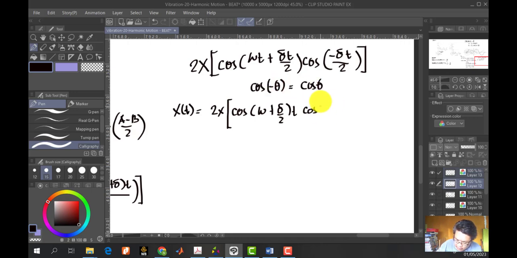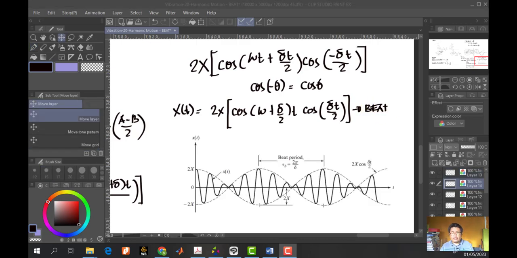Since this one is negative, you can change the sign convention so it is positive. So this is now the equation for my beat, the displacement of the beat.